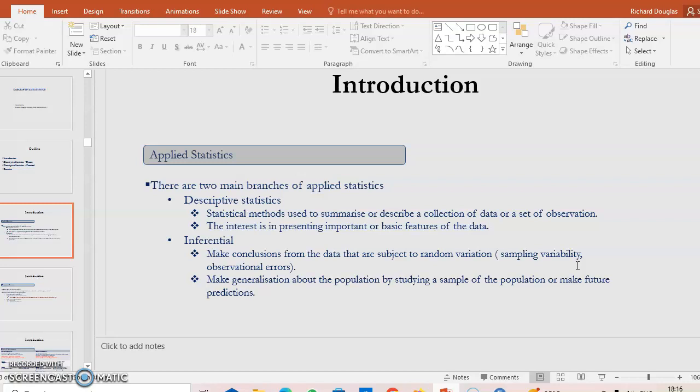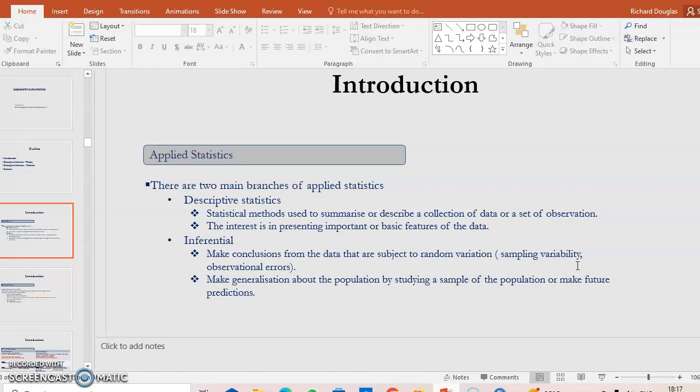Through inferential statistics, one can be able to make conclusions from the data that are subject to random variation. Random variation, we're talking about sampling variability, like observational errors and all those type of stuff.